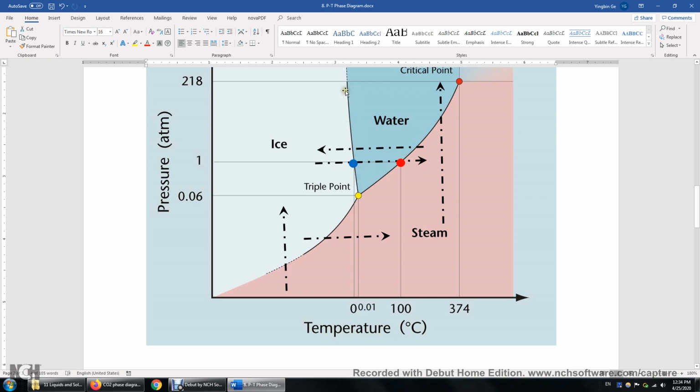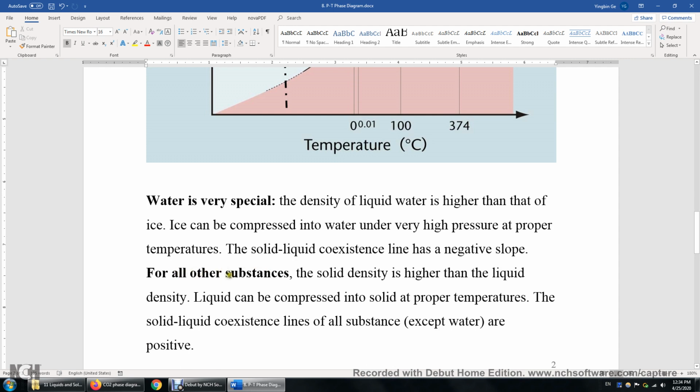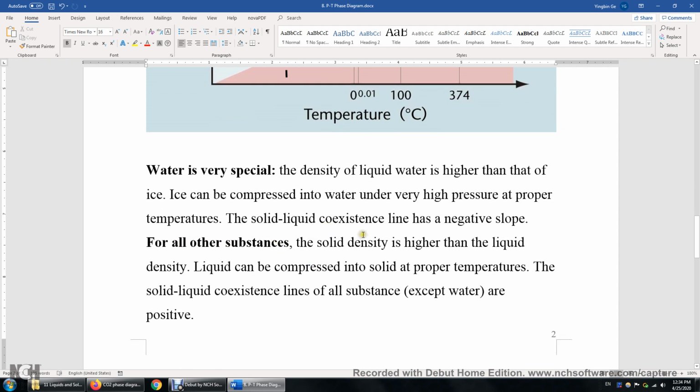Water is very special. Water is the only substance that has a lower melting point under higher pressure. So for all other substances, the solid density is higher than the liquid density. Liquid can be compressed into solid at proper temperatures.